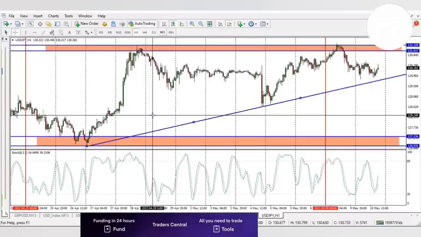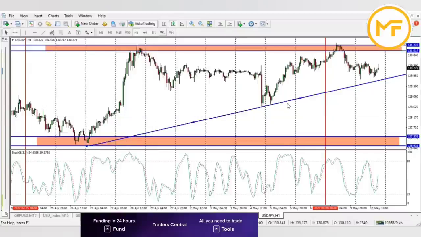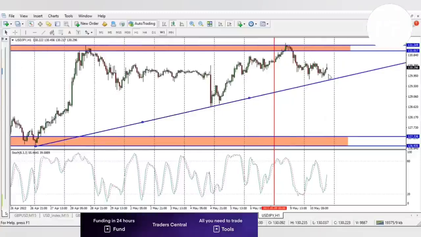So what you want to do is that if the market goes below here, and it goes oversold, right? Because on these stochastics, we have this level, which is here, oversold, and above 80 is overbought.